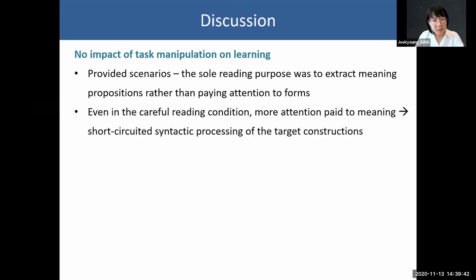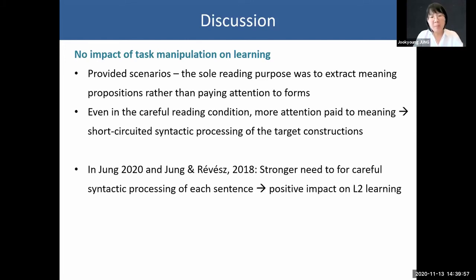Even in the careful reading condition, it was meaning-based, and it might have short-circuited syntactic processing of the target constructions. This is different from my previous studies, because in those, task manipulation had some significant impact, not only in the eye movements, but also in the GJT scores.